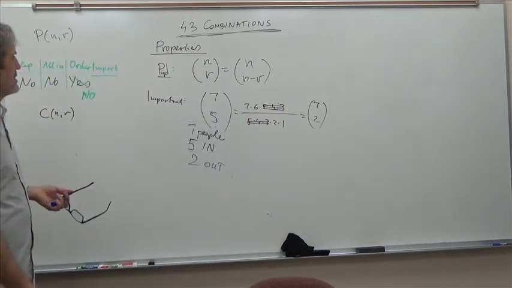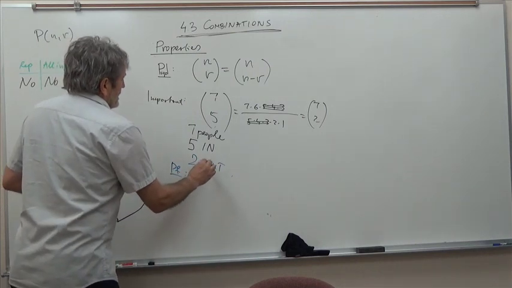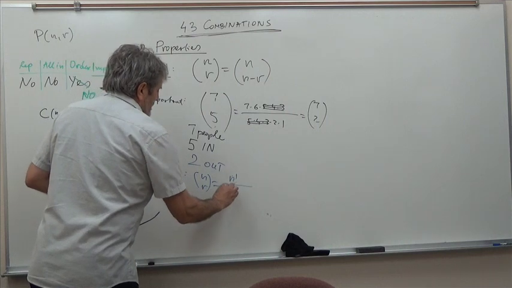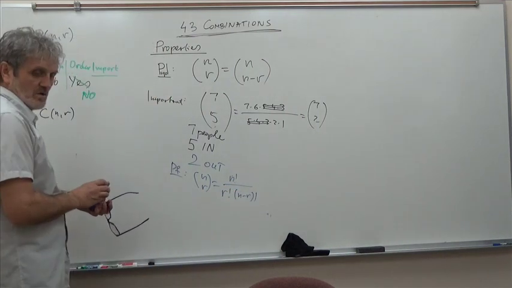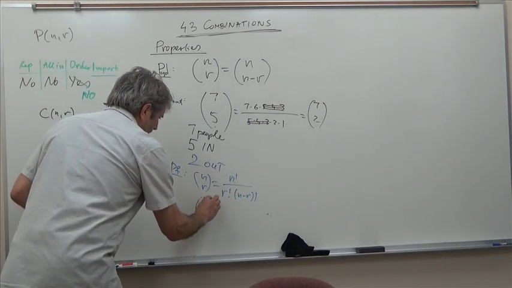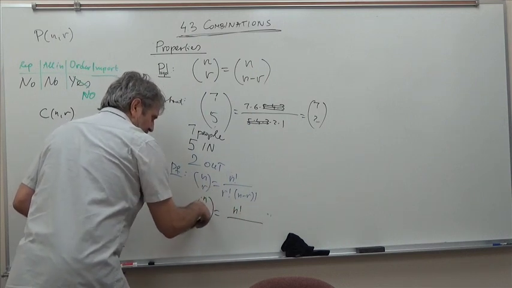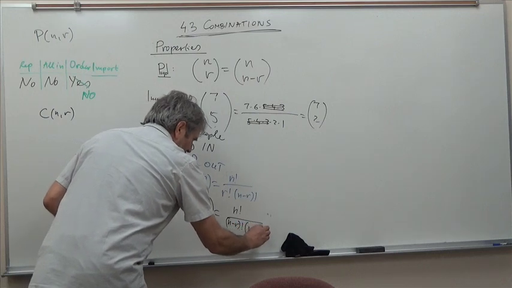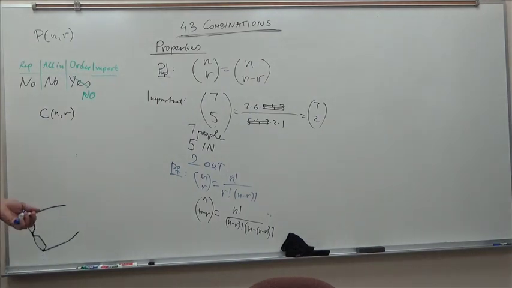Calculationally, what would be the proof? n choose r by definition is n factorial over r factorial times n minus r factorial. What is n choose n minus r? Basically the same thing, but now n minus r comes first, and then r, because n minus (n minus r) is just r.